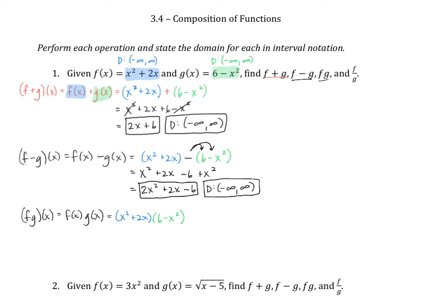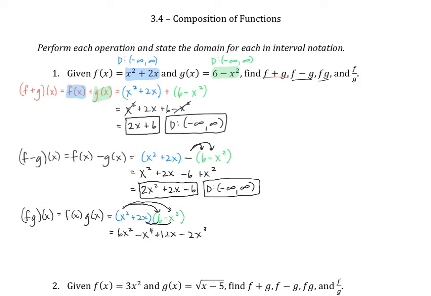So this is just going to be the distributive property. So we're going to do x squared times 6. That will give us 6x squared. X squared times negative x squared is negative x to the 4th. 2x times 6 is positive 12x, and 2x times negative x squared is negative 2x cubed.